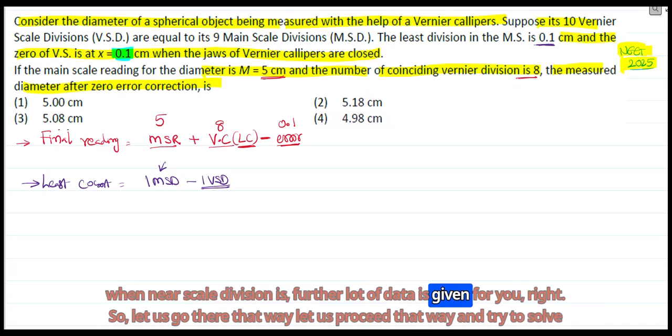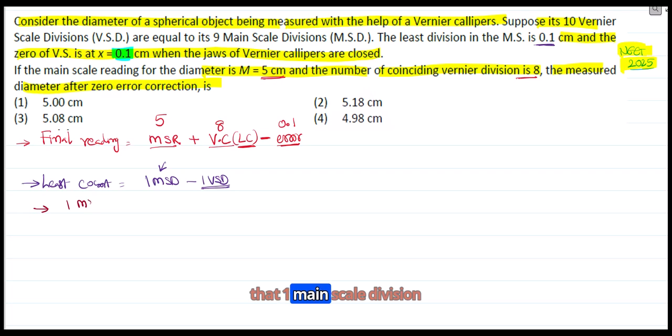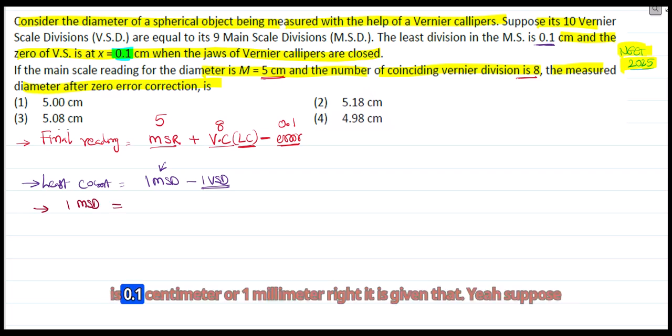For that, a lot of data is given to you. Let's proceed that way and try to solve the problem. It is given in the problem that 1 main scale division is 0.1 centimeter or 1 millimeter.